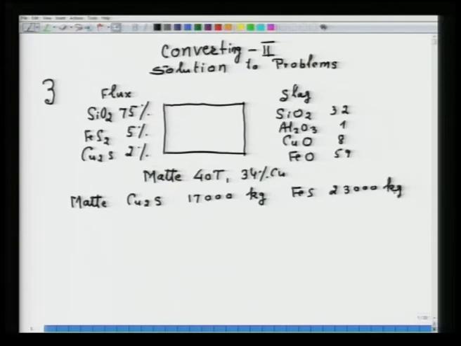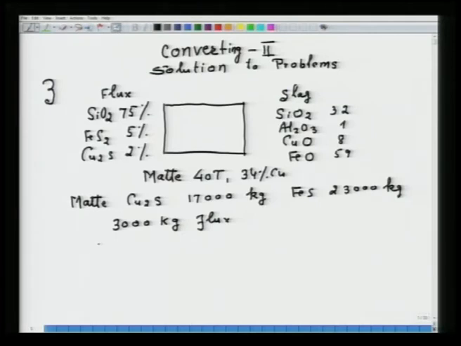You can calculate from 34% copper and from that Cu2S and so on. Now, the first batch consists of 3000 kg flux. Then we can calculate the amount of SiO2, FeS2 and Cu2S.